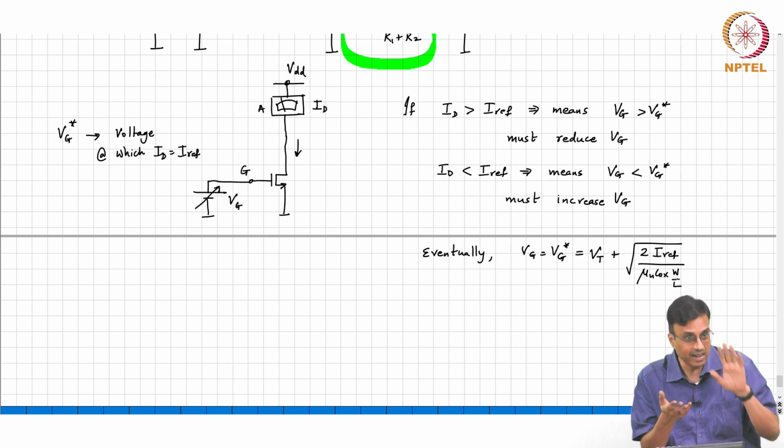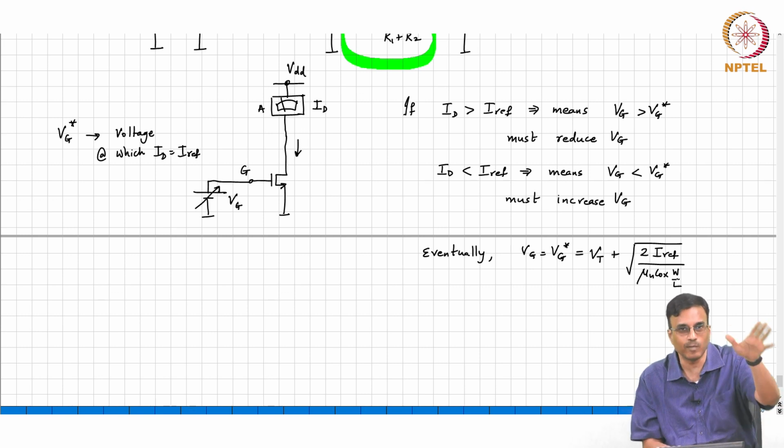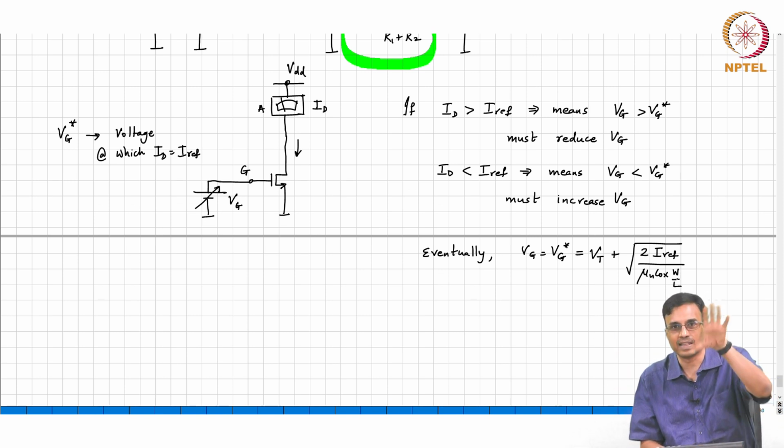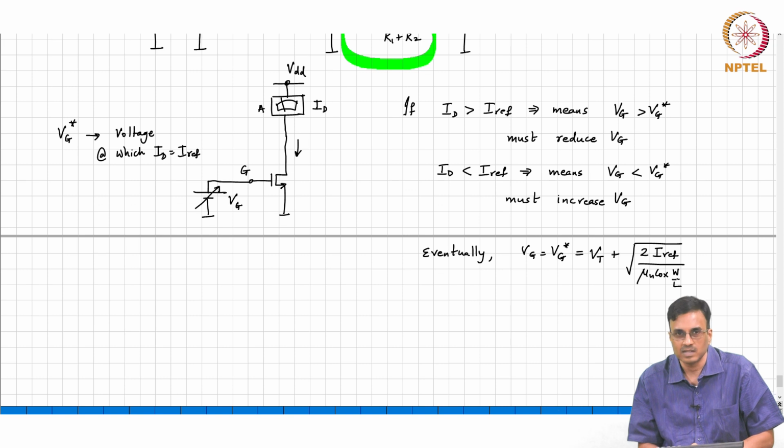Trial and error is basically I will put in some voltage, measure the current, okay, it's not what I want, I'm going to put in another, randomly chosen voltage. That is trial and error. What we are doing is not trial and error. It is feedback. I hope that you know the difference between trial and error and feedback.